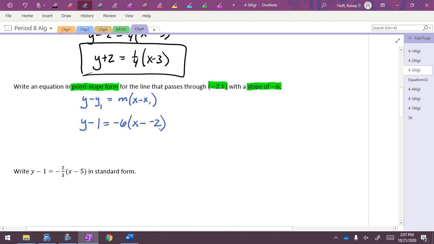Can I circle that? No, the only simplifying you have to do is to make it x plus 2.